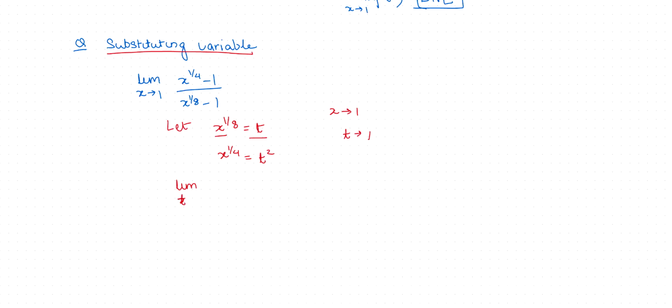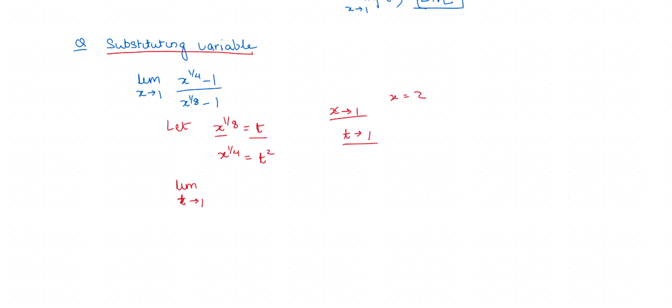So we have to be sure that when we substitute a variable, we substitute the limit also. Here it is the same, but it may change, because if x tends to 2 and x is equal to t squared, then the limit may change. But here it is not a problem, because x raised to the power 1 by 8 is t, and x tends to 1, so t also tends to 1.